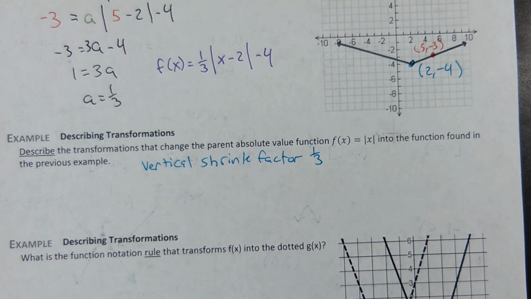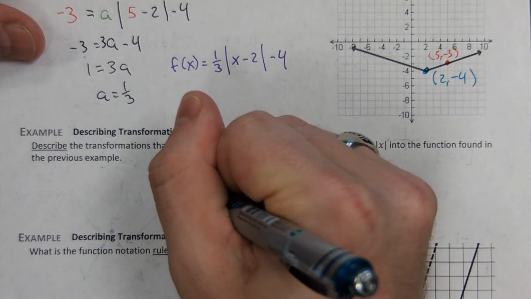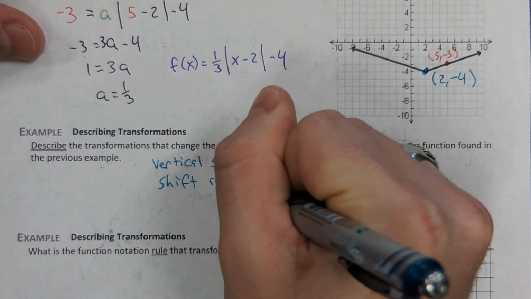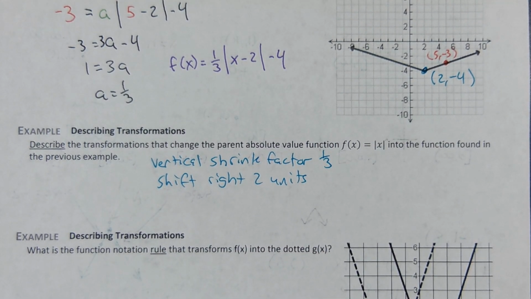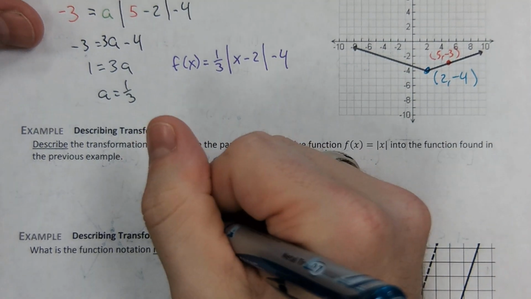For the next one, there's two different options. It doesn't matter which one you say. Daniel Q? Horizontal shift to the right 2. Shift right 2 units? I agree. Yeah? Shift down 4 units. Shift down 4. Perfect.